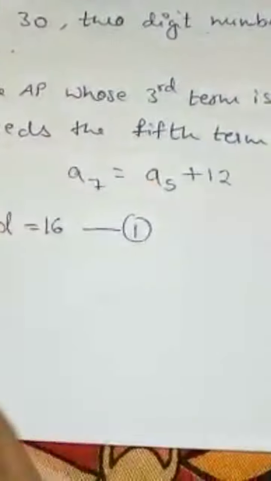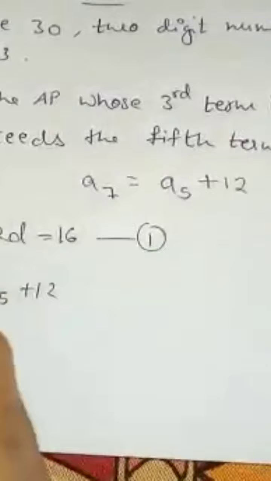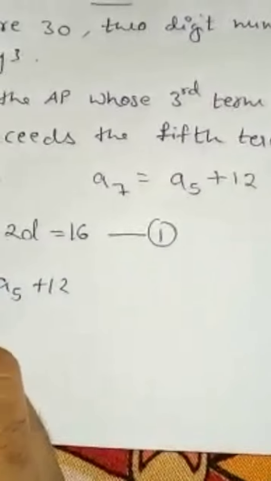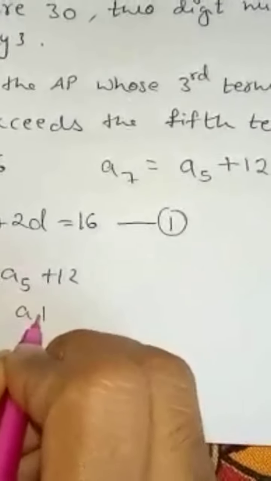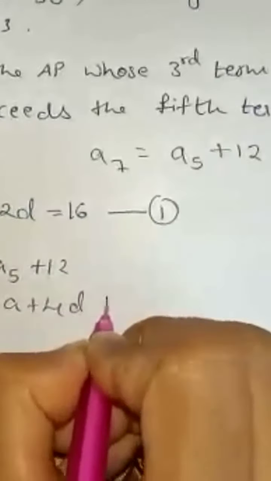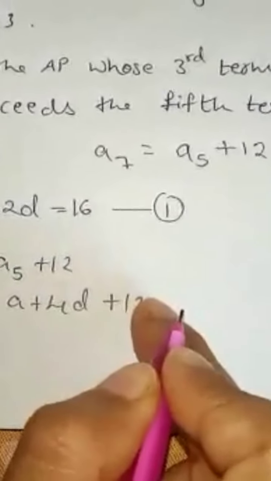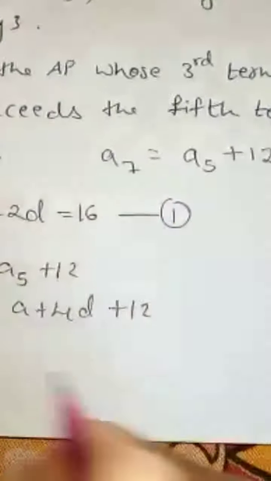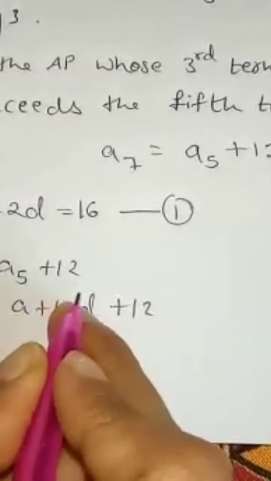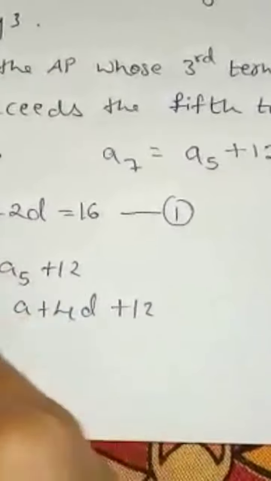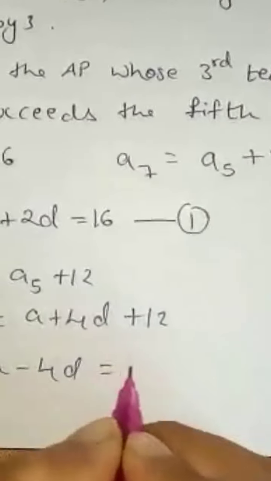Then take this one. Next, a7 is equal to a5 plus 12. This also elaborate. How will you write? a plus 6d is equal to a plus 4d plus 12. Bring all terms to this side, and keep only the number on the other side. So a plus 6d, when you bring it to the other side, plus becomes minus: minus a minus 4d equals 12.